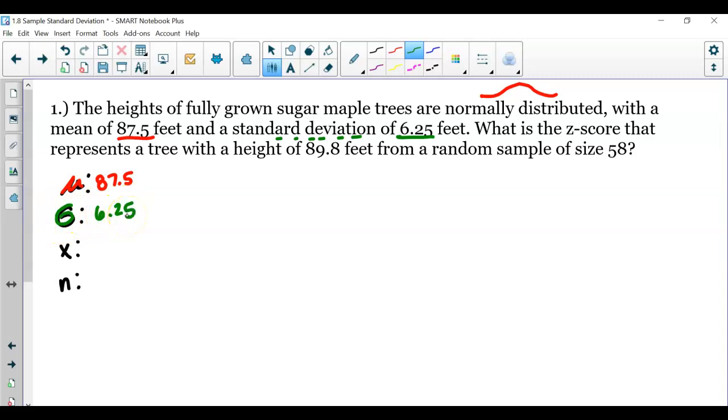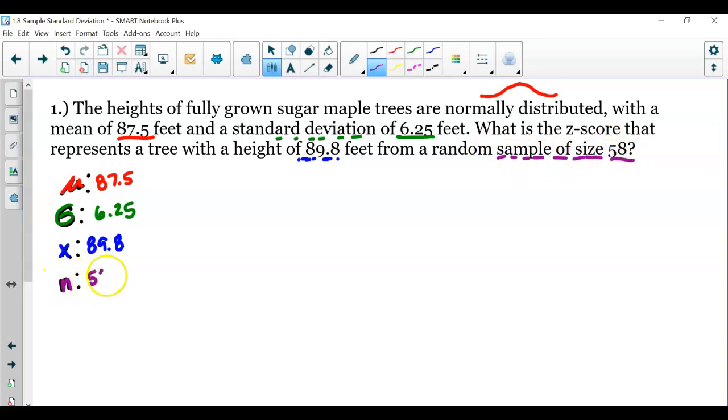What is the z-score that represents a tree with a height of 89.8 feet? This is what we're converting. That is our x, 89.8 feet. Then from a random sample, here's our sample size of 58.